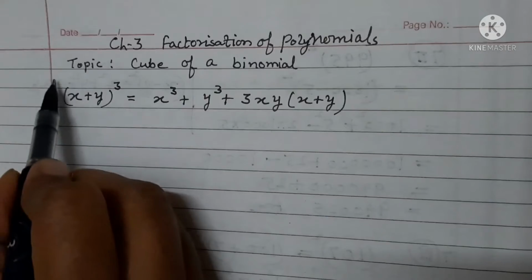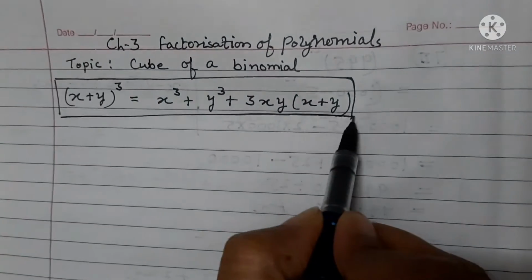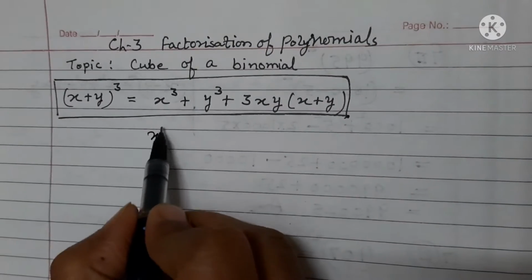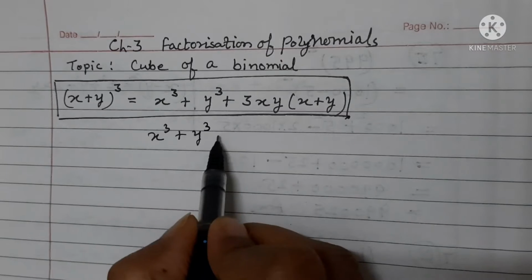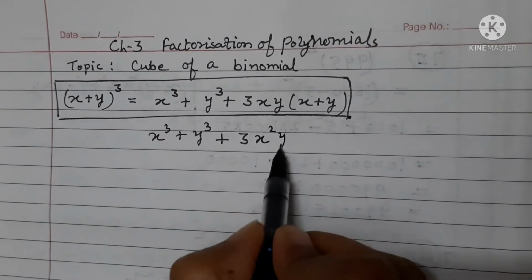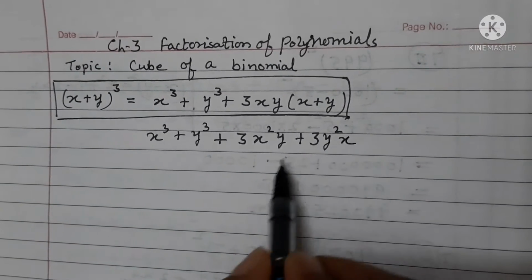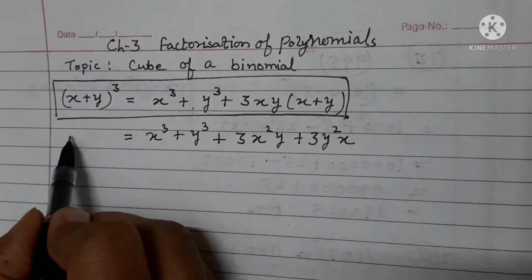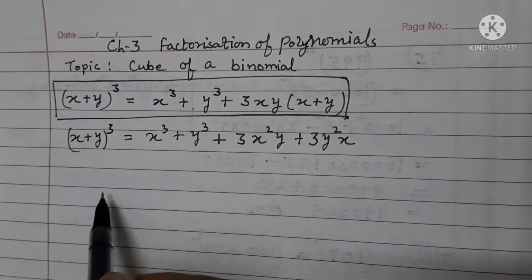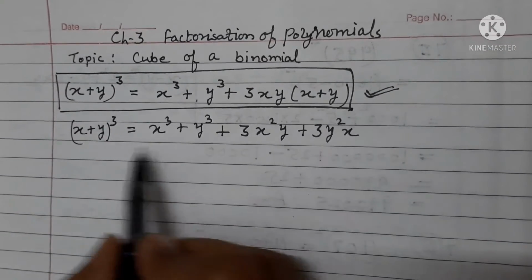This is the formula of cube of a binomial, and you can write it like this: x³ + y³ + 3x²y + 3y²x + y³. And so this is the main formula.